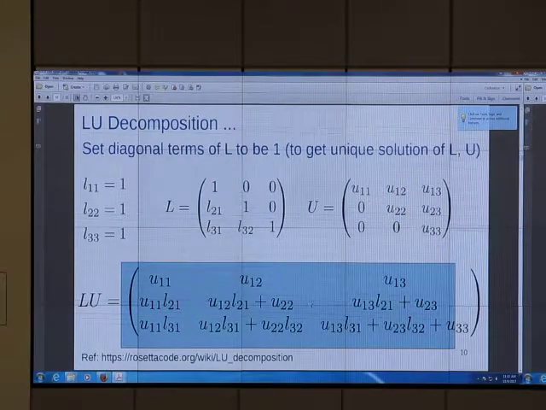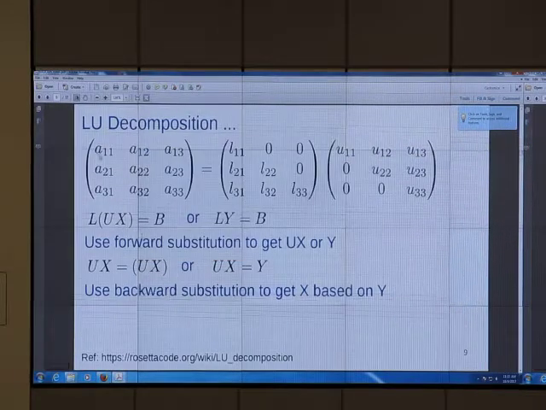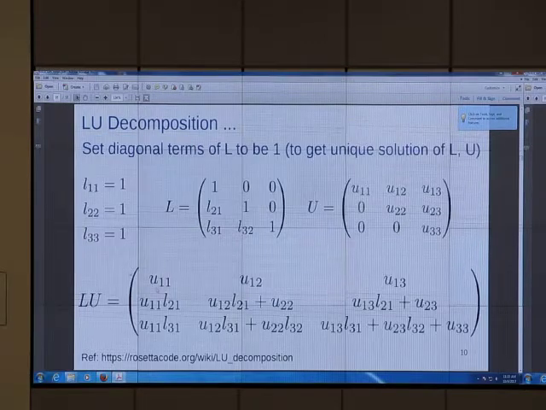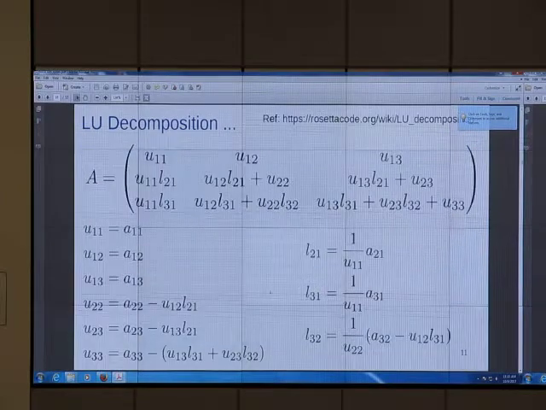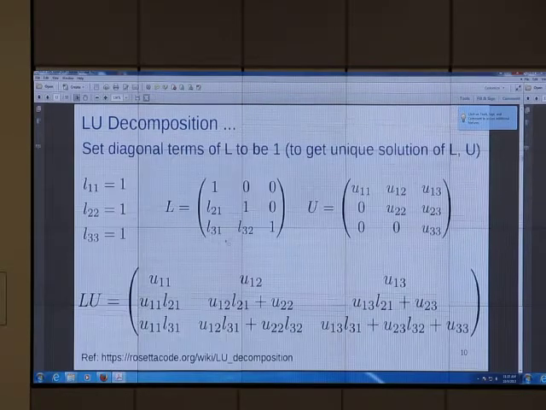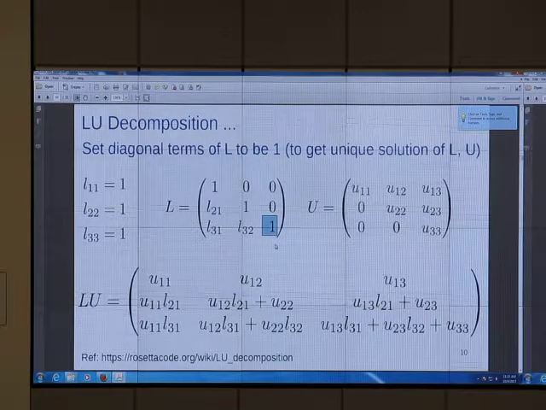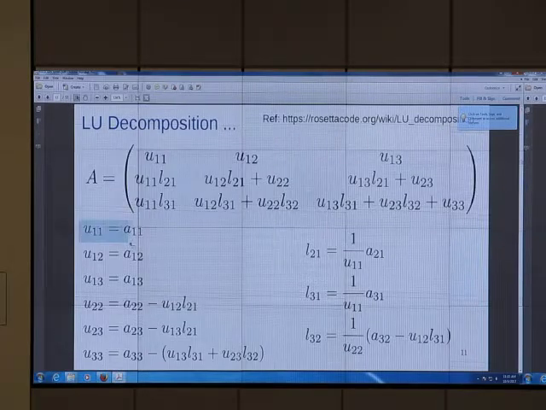Alright, so that is L multiplied by U, which is A, right? So that is A, and that is also A. Got it? So I can write it like this, right? So this means if we have 1 on the diagonal term of the lower triangular matrix, then we have U11 equal to A11.